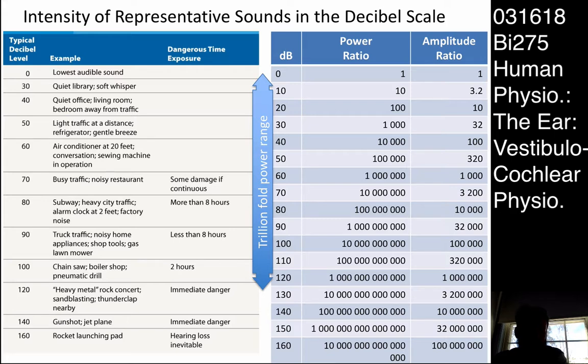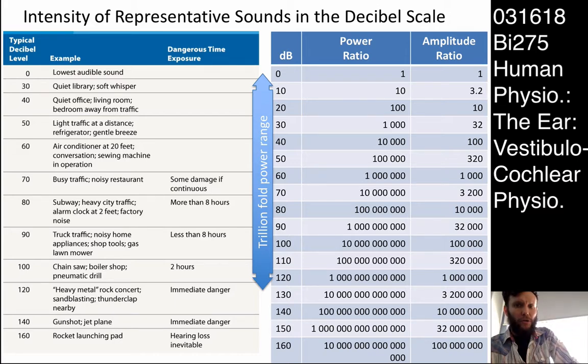So this is what's called the Decibel Scale. This is how we measure the intensity of stimulus that the ears are able to pick up. It is a logarithmic scale.